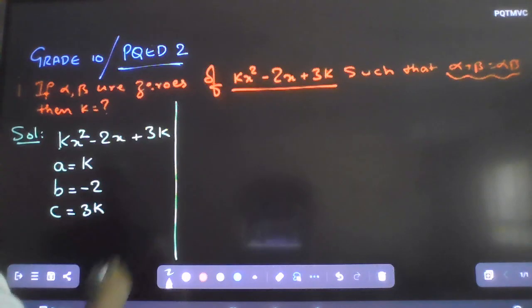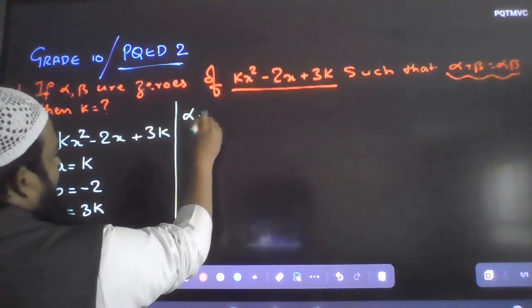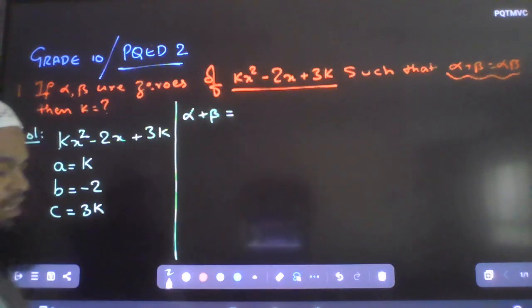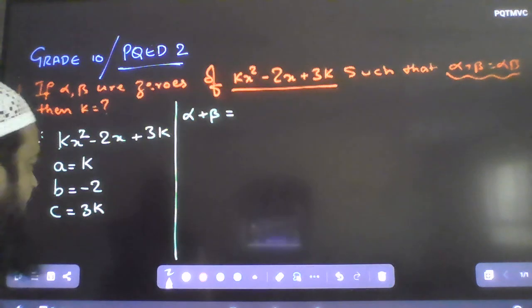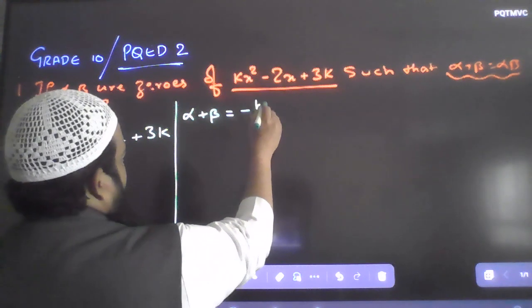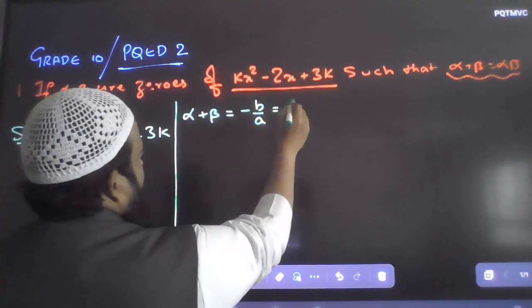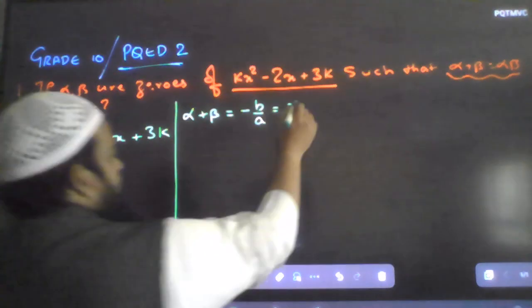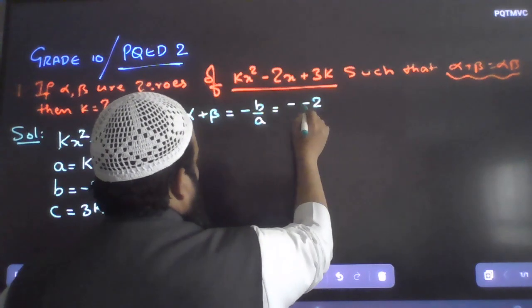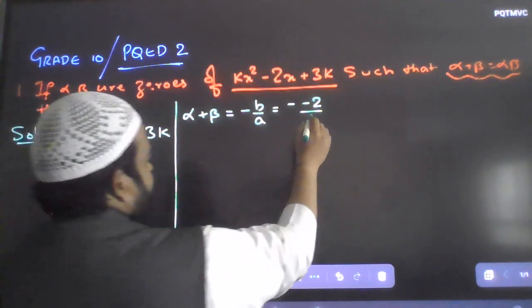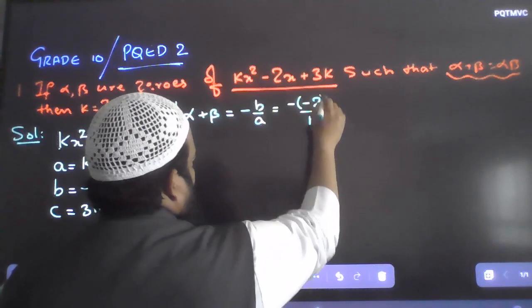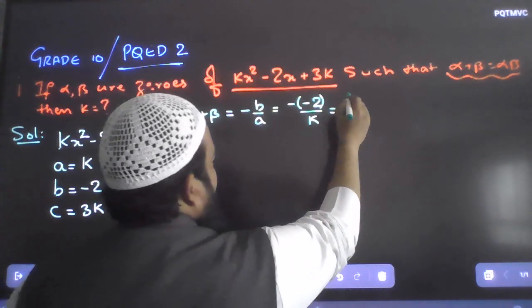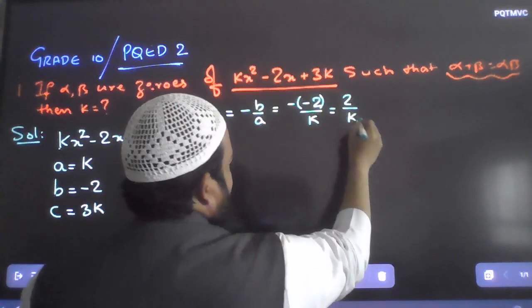Now, what is alpha plus beta? Alpha plus beta means sum of the zeros, and we already know it is minus b by a. What is b? b is minus 2. So minus of minus 2 divided by a, which is k. Minus of minus is plus, so it is 2 by k.